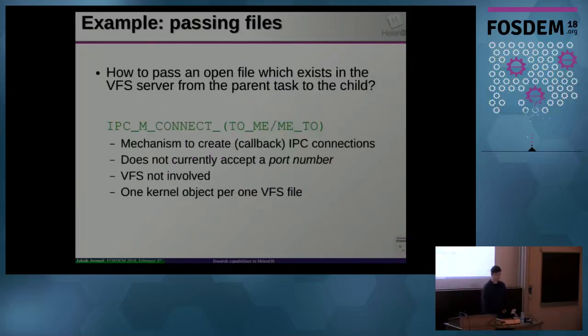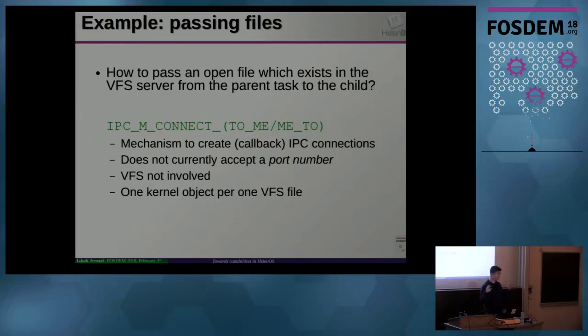So there is a mechanism which lies in an IPC message, which is understood by the kernel, called IPC connect either to me or me too, depending on whether you want to connect to somebody or have somebody connected to you. So it's a mechanism for creating connections and callback connections.